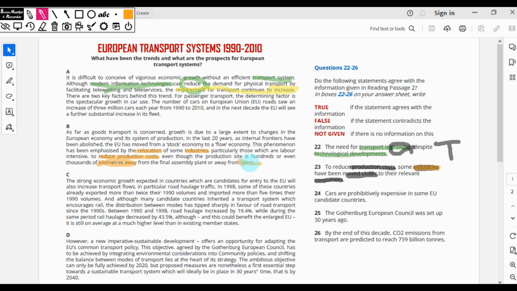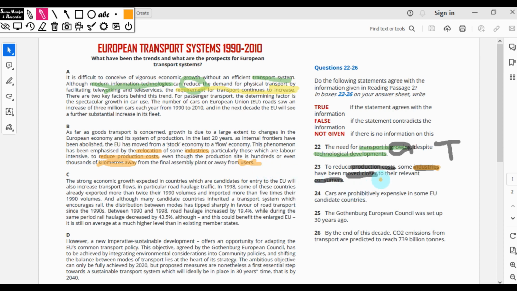Yes, there is the answer. So we need to decide whether it is true, false, or not given. The passage says about relocation of industry for the reduction of cost, away from user.